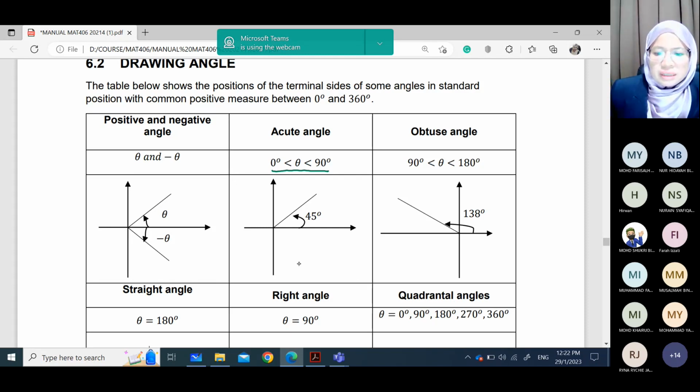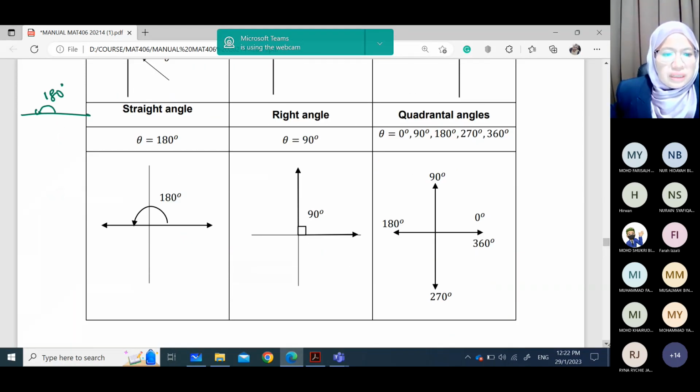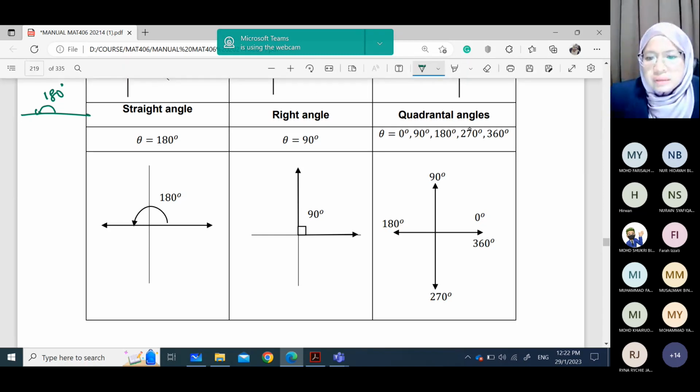Right, so straight angle, garis lurus lah, straight angle yang ni. Yang ini adalah 180 degrees. Okay, so ini adalah straight angle. This one is right angle. So right angle is a sudut tegak, 90 degrees. And quadrantal angle. So quadrantal angles is started with 0 degree. Kat sini 90 degrees.